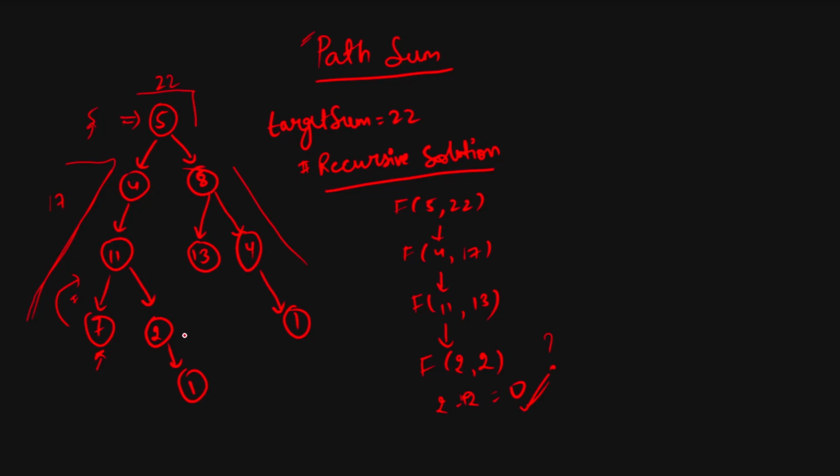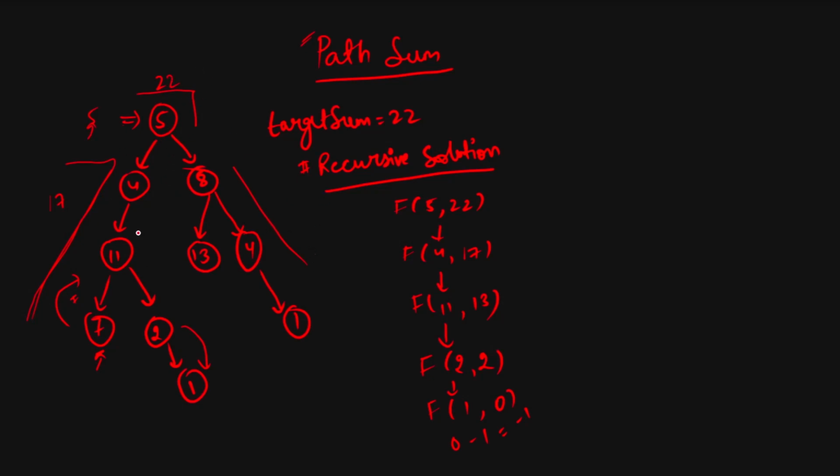A leaf node is a node which has 0 children. So in that case, I will go to its next node, which is 1, and there the target is 0. Now 0 minus 1 will be minus 1, so this is not my path, because I have to choose a path which is root to leaf node.